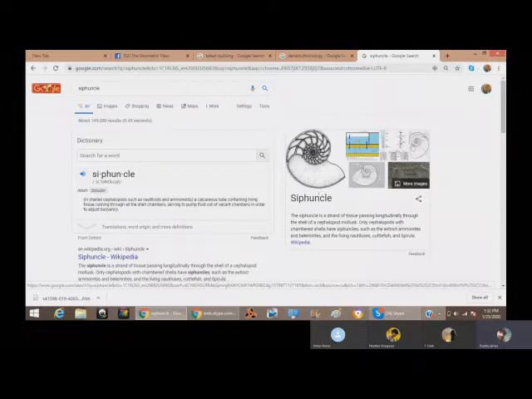I'm always drawn to thinking about that and the nested chambers here. So that's kind of periscopic, but in a spiral type of nesting.